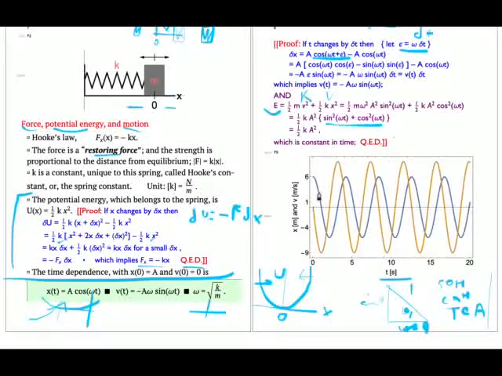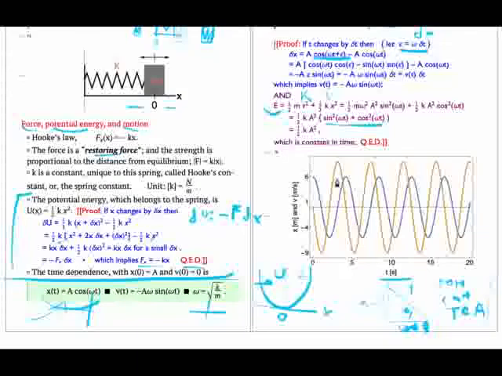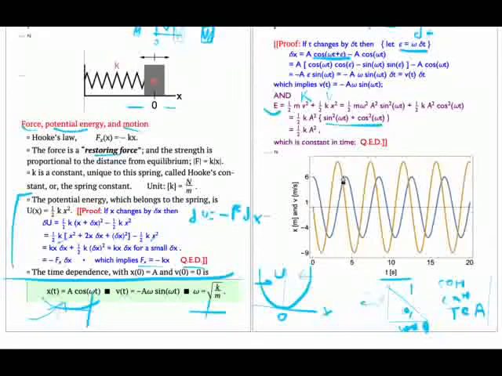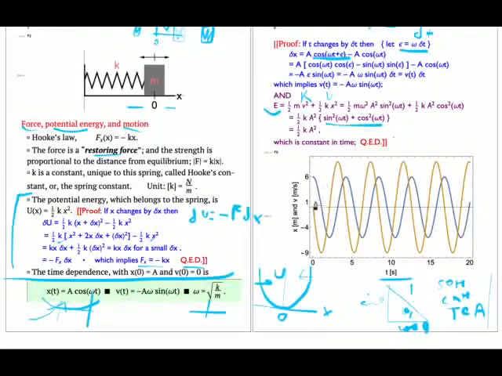You can't compare things that have different units. I can put them on the same scale, but the relative size here doesn't really mean anything. What would mean something is if I plotted the energies, then the kinetic energy would have the same units, joules, as the potential energy.